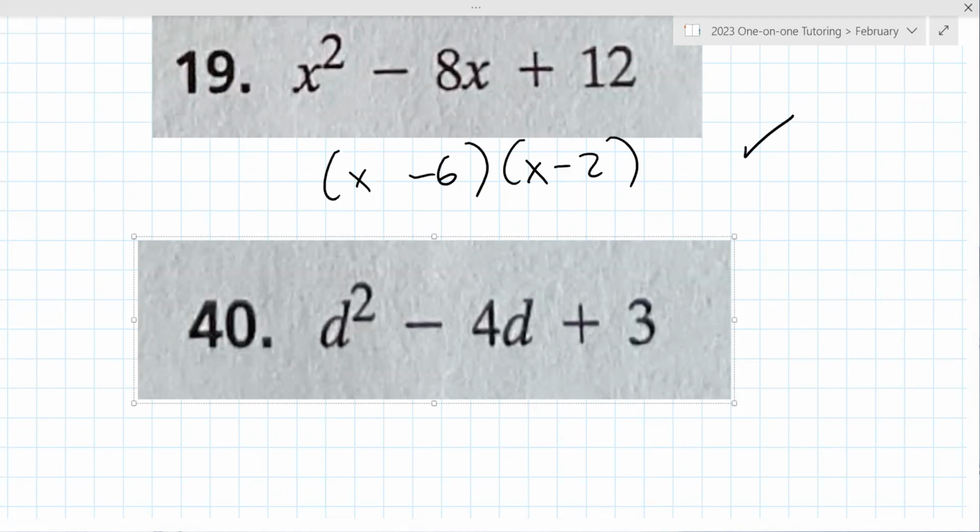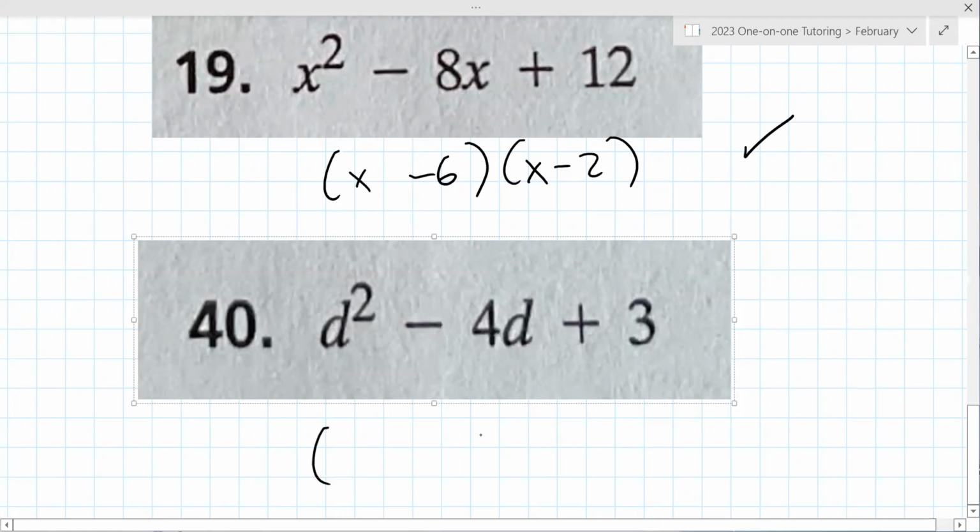But yeah, try this one out here. This is another minus plus, so your answers are going to be both subtractions inside parentheses. It's -1 and -3. D minus 1, D minus 3. Good.